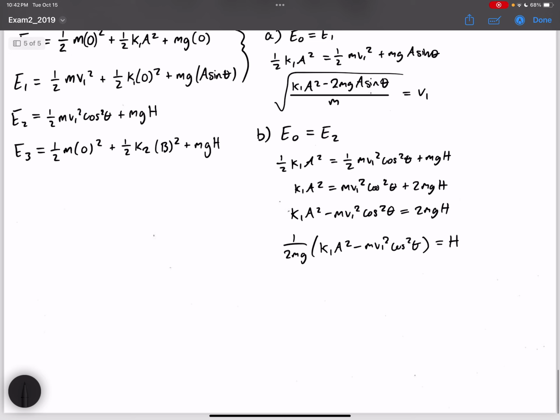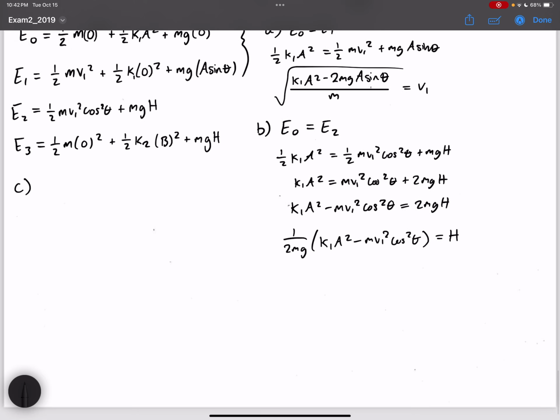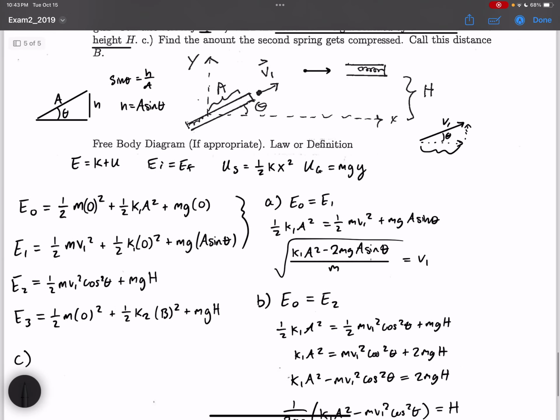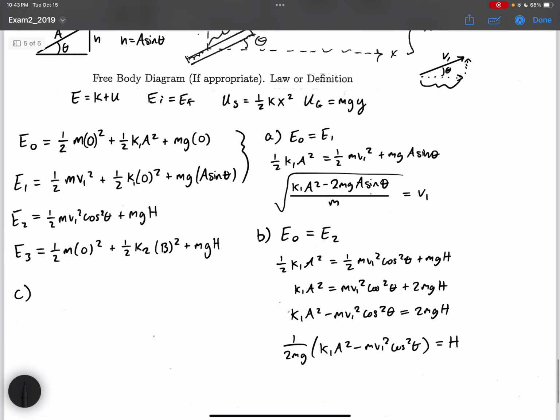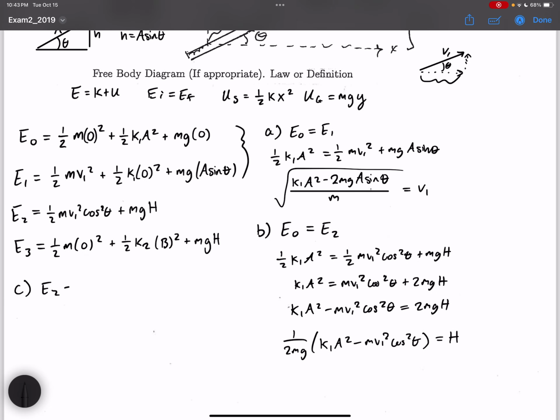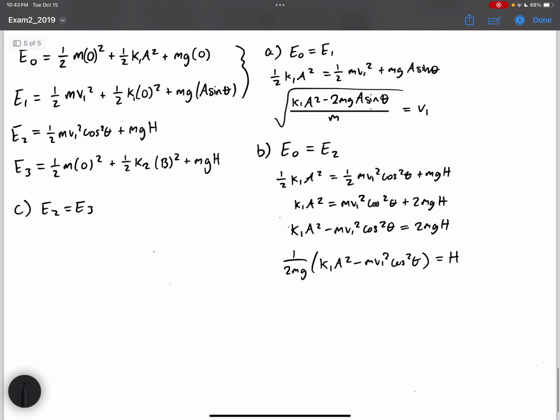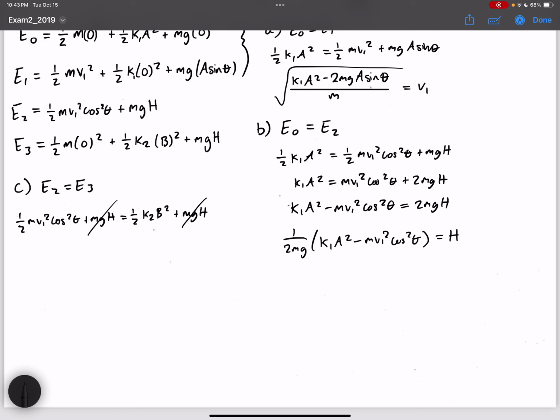Yeah, it's fine. Okay, so then C wants us to find the amount the second spring gets compressed. So we want to use E2 equal to E3, right? Okay, so then we have 1/2 m v1 squared cosine squared theta plus mgh, which is going to be equal to 1/2 k2 b squared plus mgh. We can cancel out the mgh, and we cancel out the 2's as well.